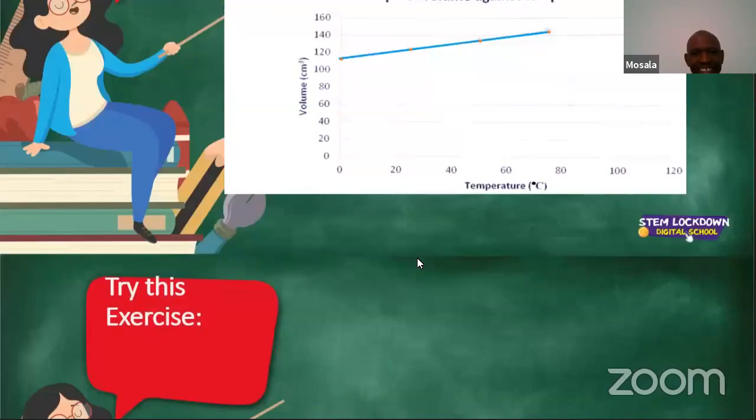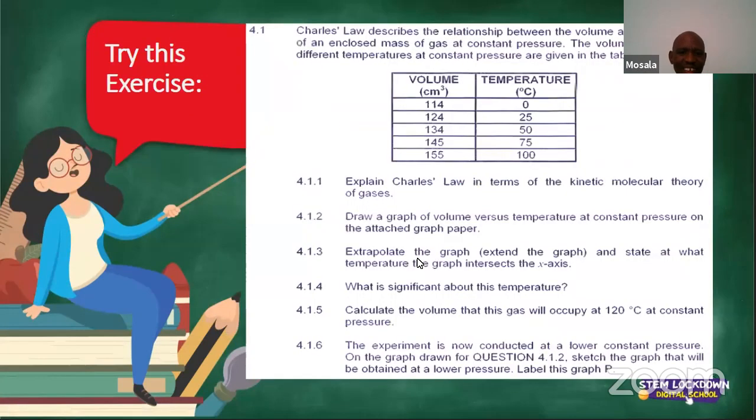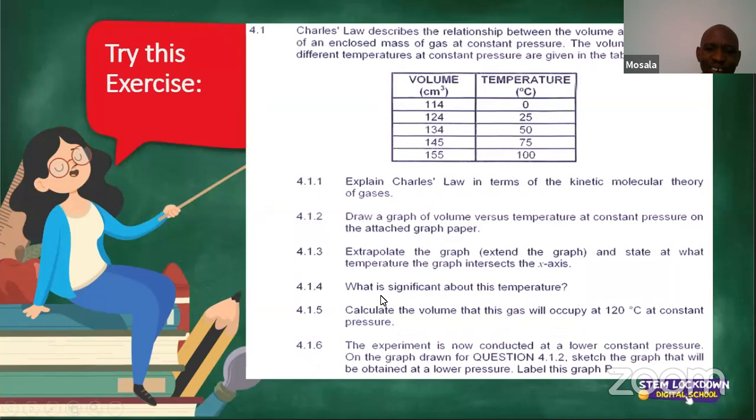The other question was, okay, we have answered this one: the significance of this value is that it is absolute zero, where particles are no longer moving. Now you have to calculate the volume that this gas will occupy at 120 degrees Celsius at constant pressure.